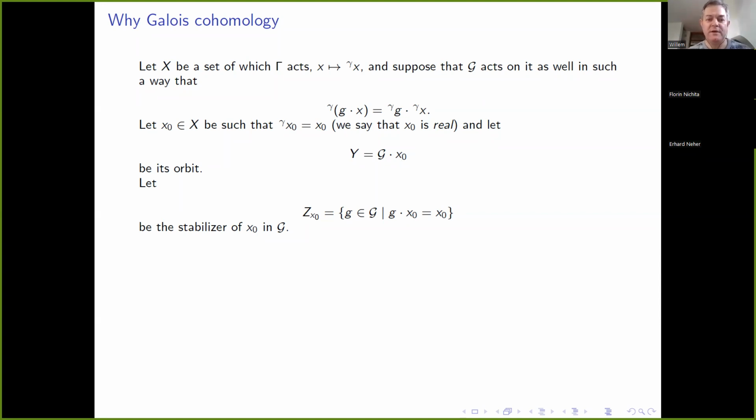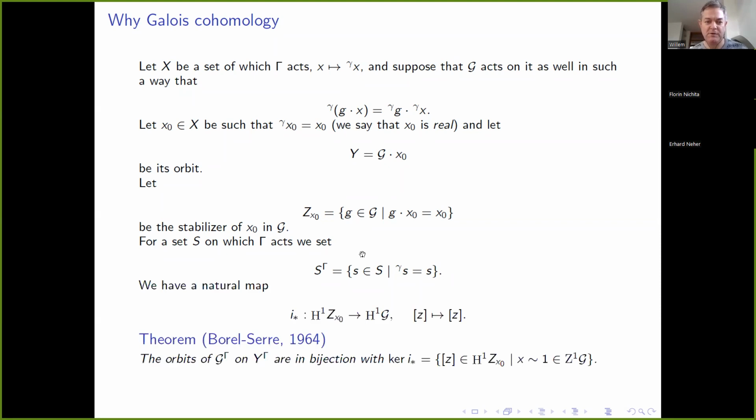Okay. And for that, we take the stabilizer of this X naught in the group G. And now I think I have to introduce a little piece of notation. If I have a set S on which gamma acts, we set S gamma as the set of all things that are fixed under the group gamma.